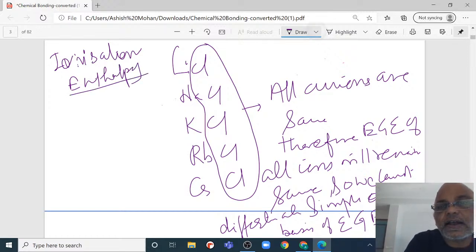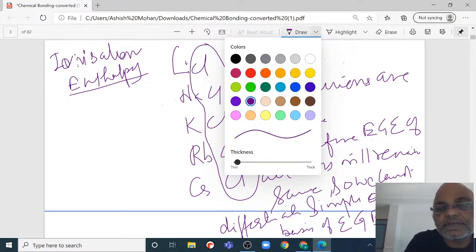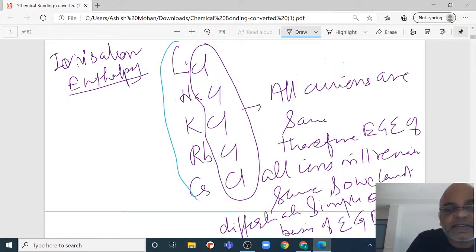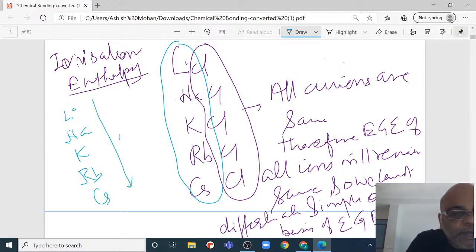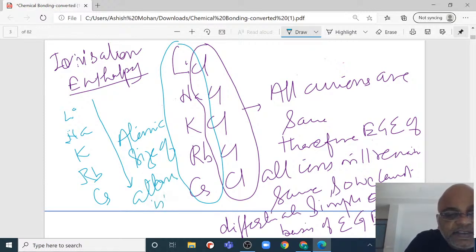If we look at the part of ionization enthalpy, we observe that there is lithium, then sodium, then potassium, then rubidium, then cesium. Down the group, the atomic size of all atoms is increasing.